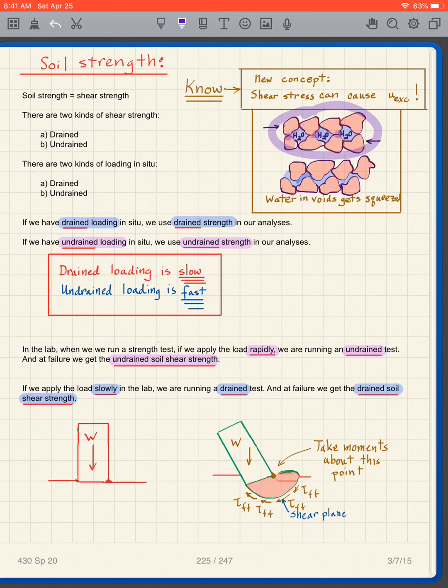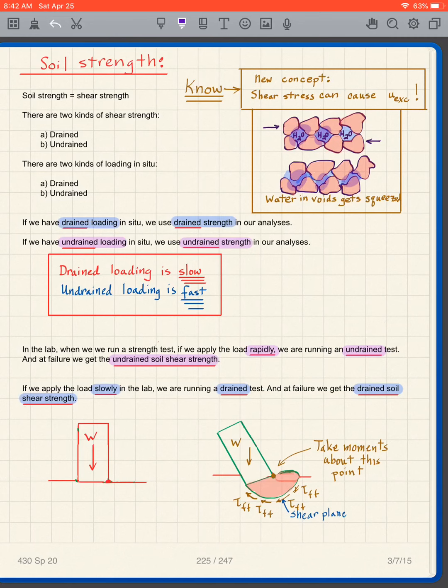And what happens is that when movement takes place, the soil particles can fall into the voids. So that void becomes much smaller, because as movement takes place, the particles fall into the gaps.